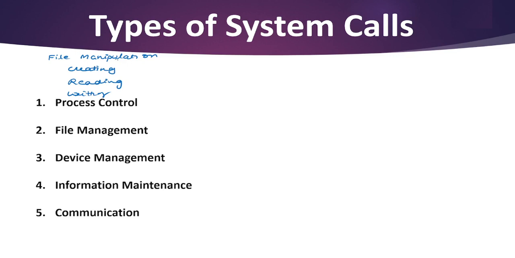Other than this, we can also delete the file with the help of this type. We can also get and set file attributes. Other than these, we have Windows functions and Linux functions for file management.